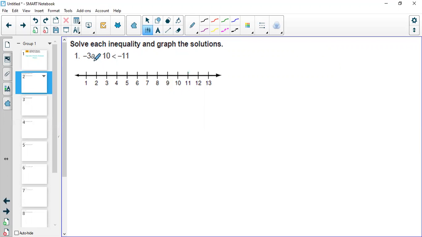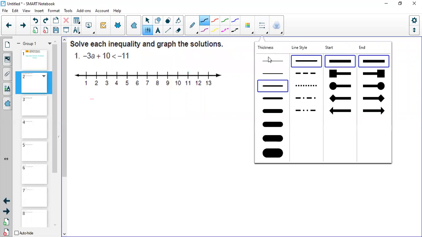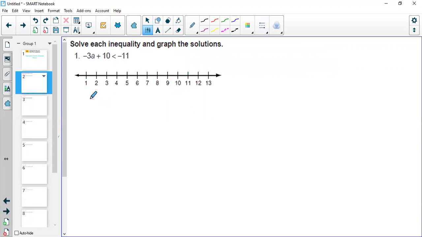You can see that this question says negative 3a plus 10 is less than negative 11, which means we need to move the number to the other side of the inequality. If you move the number to the other side, that will leave you with negative 3a is less than negative 11 minus 10, because on this side of the inequality it is positive 10.